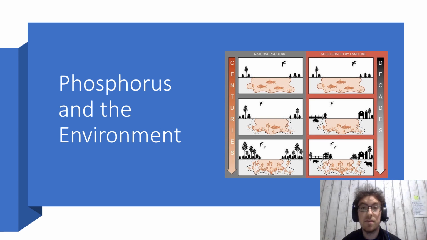If there's no human involvement, it would take centuries to go from the top picture to the bottom picture. Subsequently, with the acceleration by land use, the time is pretty much divided by a tenth. So what once took centuries to get from step 1 to step 3 now takes only decades.